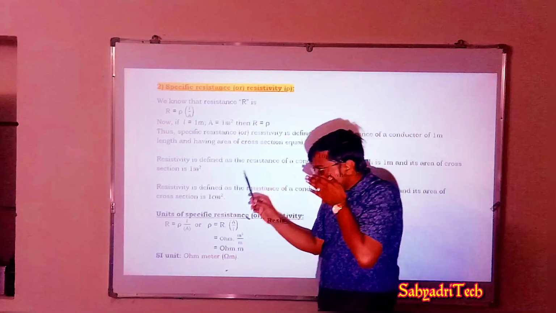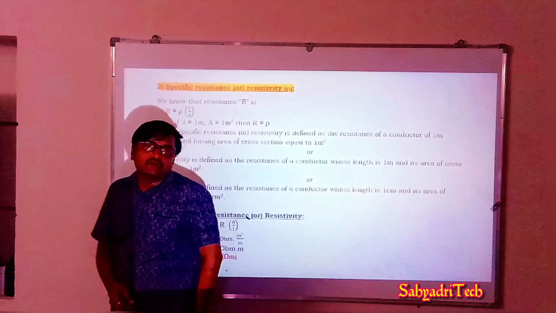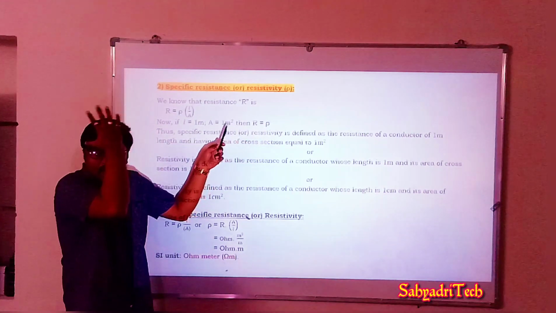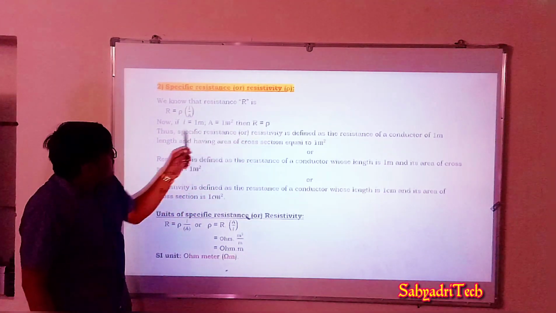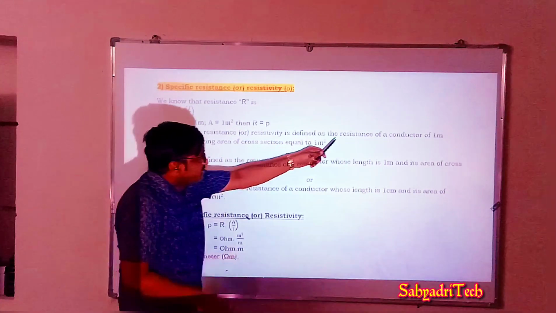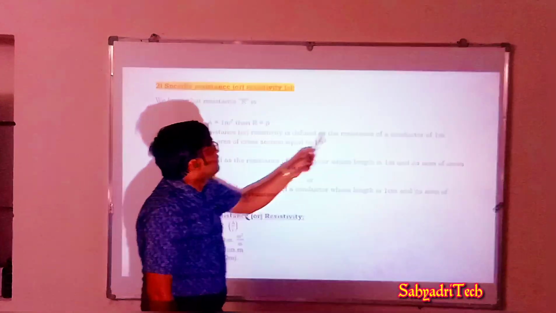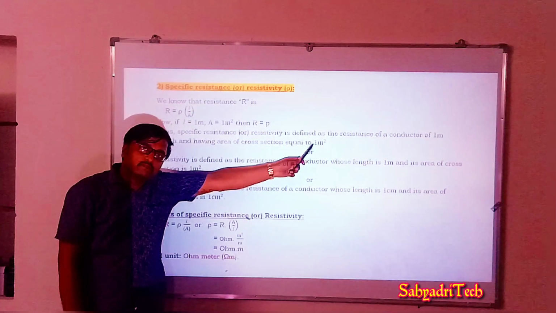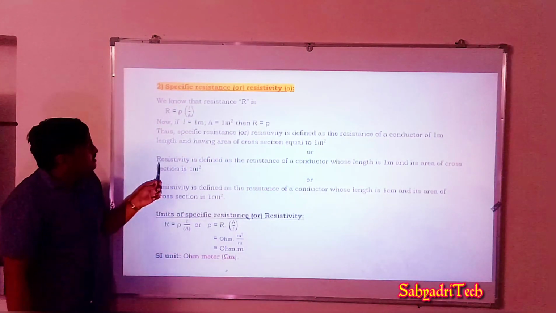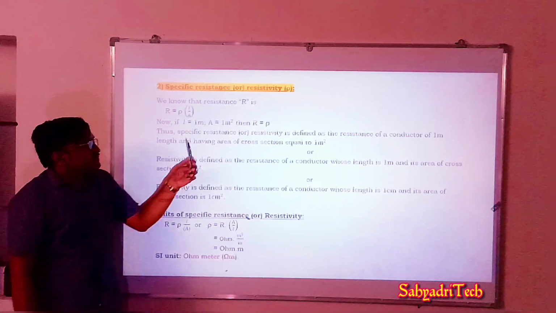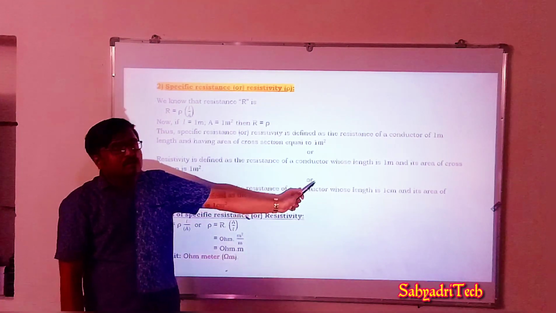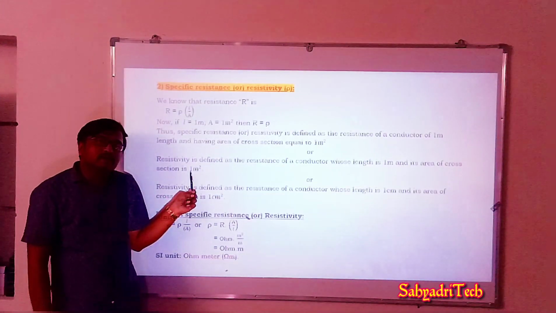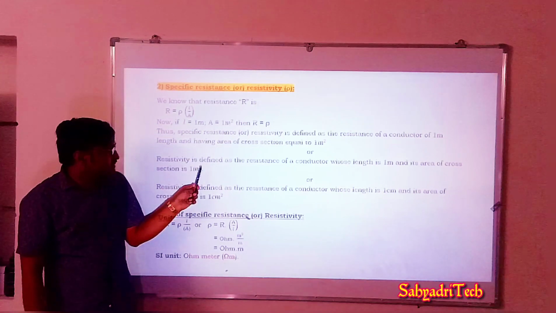If L is equal to 1 meter and A is equal to 1 meter square, R becomes equal to rho, or rho becomes equal to R. So the specific resistance is the resistance of a conductor of 1 meter length and area of cross section equal to 1 meter square. Or another way, resistivity is defined as the resistance of a conductor whose length is 1 meter and its area of cross section is 1 meter square. Any of the definitions can be remembered.